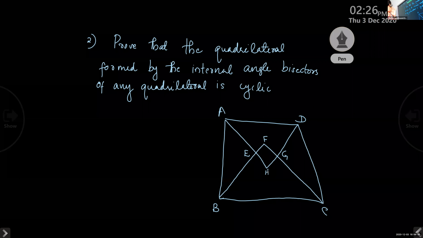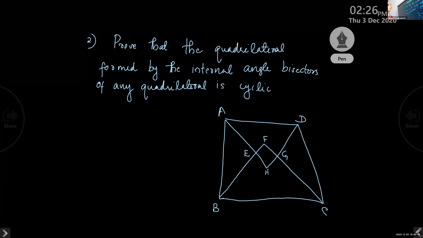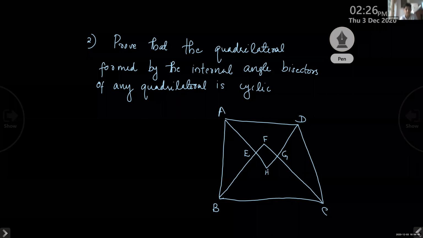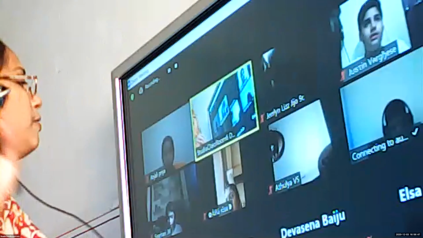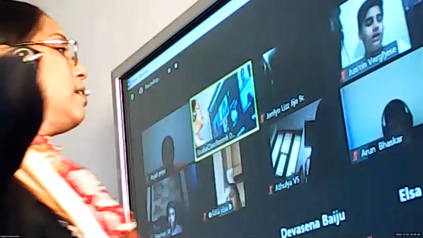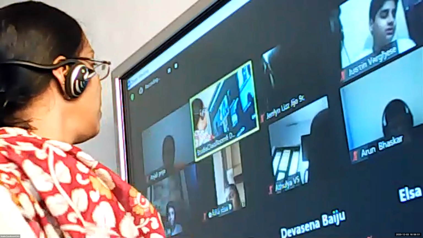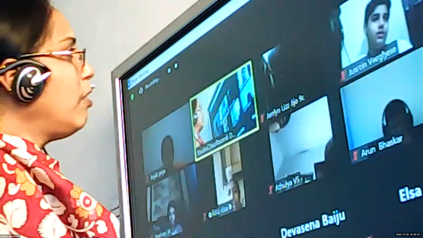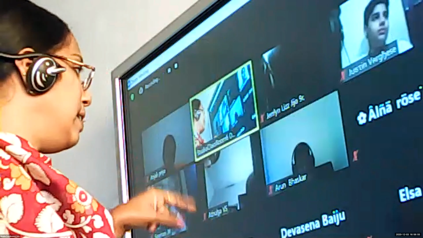We have to prove that the small quadrilateral inside is cyclic. Can you see one small quadrilateral? What is the speciality of a cyclic quadrilateral? A cyclic quadrilateral should be in a circle, all 4 vertices should be on a circle.